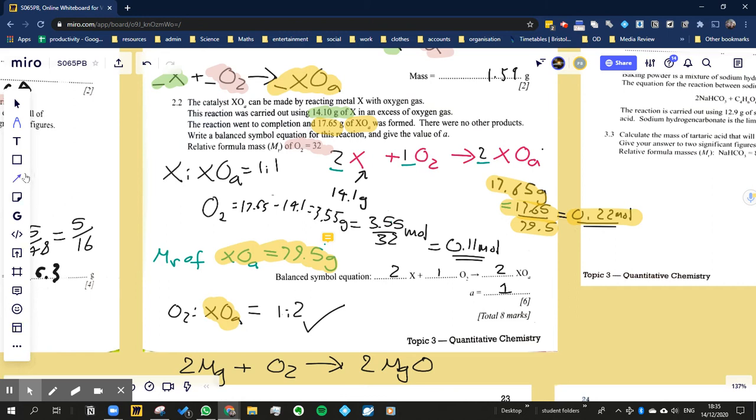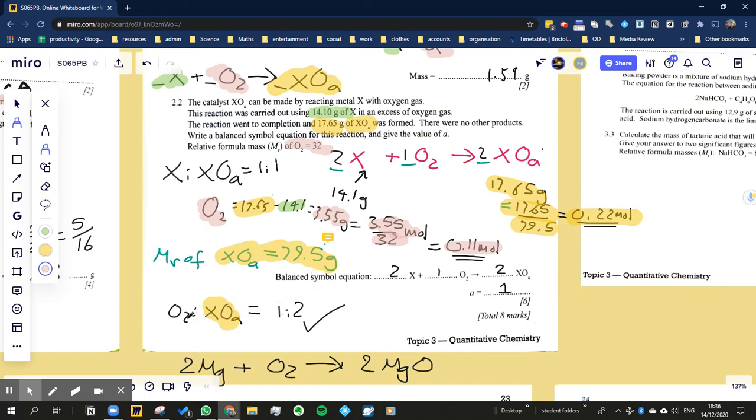So what I did is I did 17.65 take away 14.1, and that was working out the oxygen. Then I divided it by the molar mass to give me the moles. And this was really the key to doing the rest of the question.